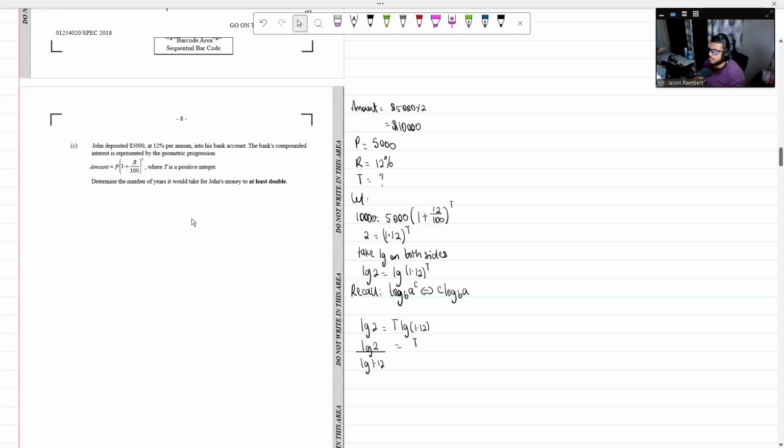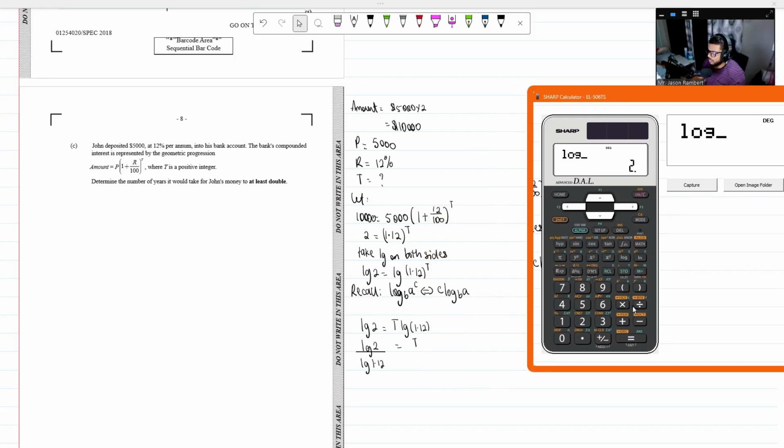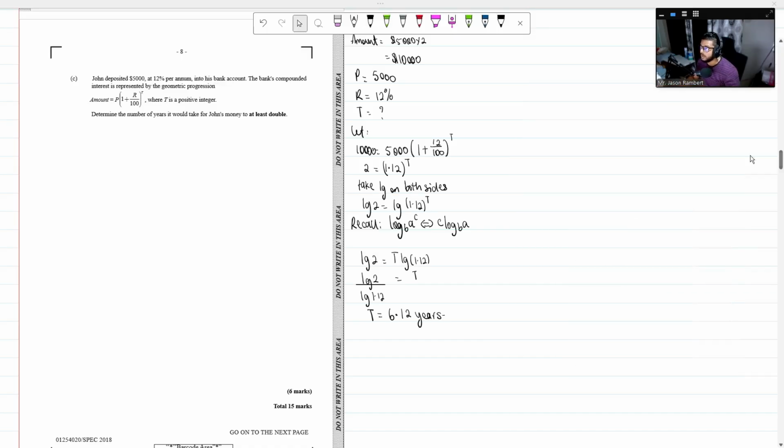So let me see what approximation we get for t here. Log 2 divided by log 1.12, I get 6.12 years. So t is equal to 6.12 years.